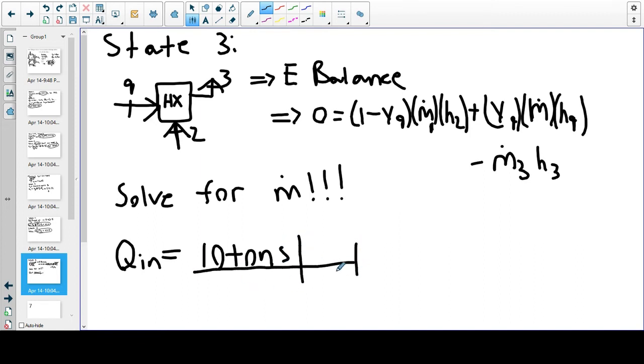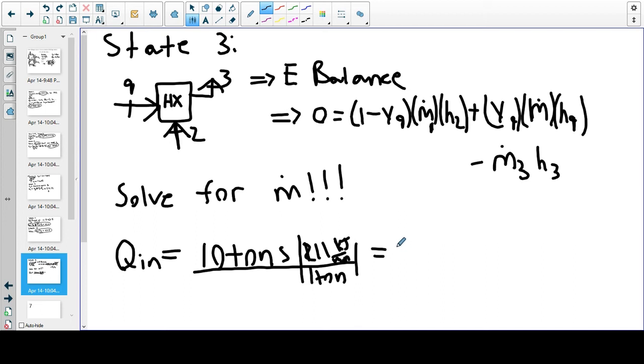And so we have Qn. We're solving for mass flow rate here, which we need to solve later in the problem.